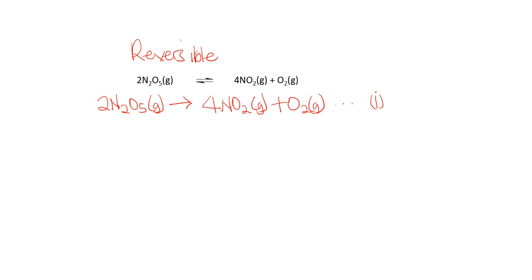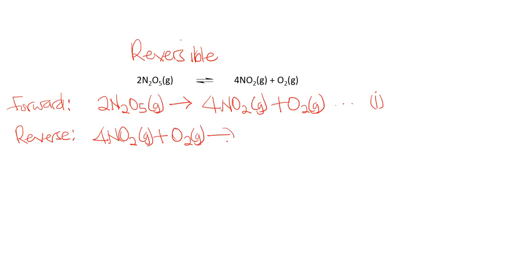But we also have the reverse reaction. So this one is forward. We also have the reverse reaction. So that reverse reaction is 4NO2 gas plus O2 gas to give N2O5, also gas.